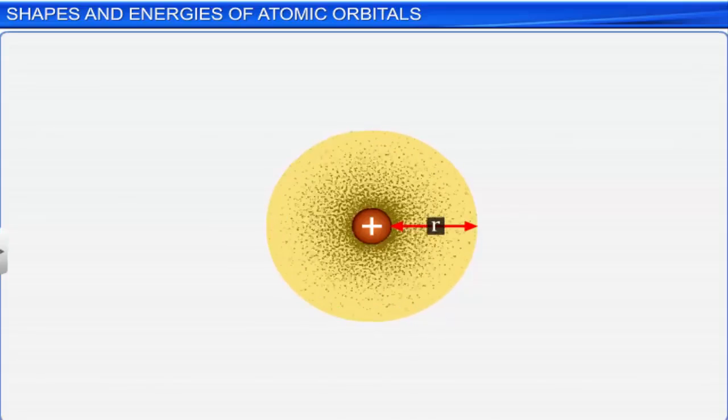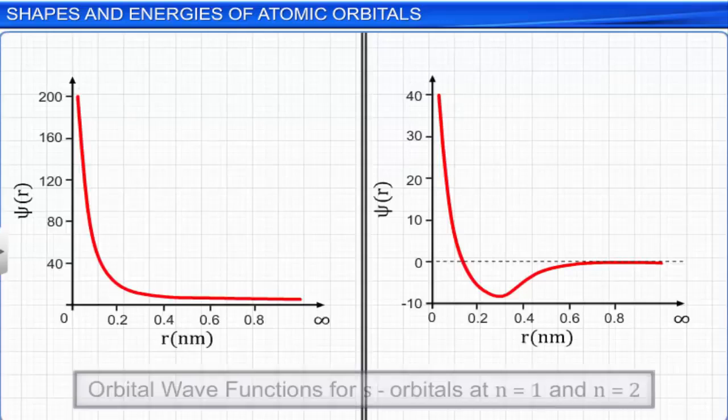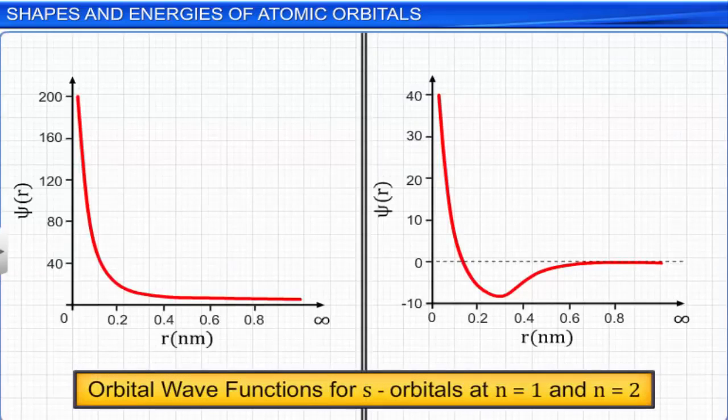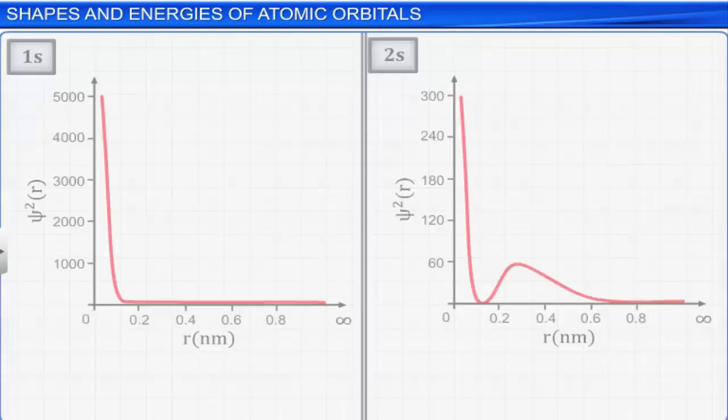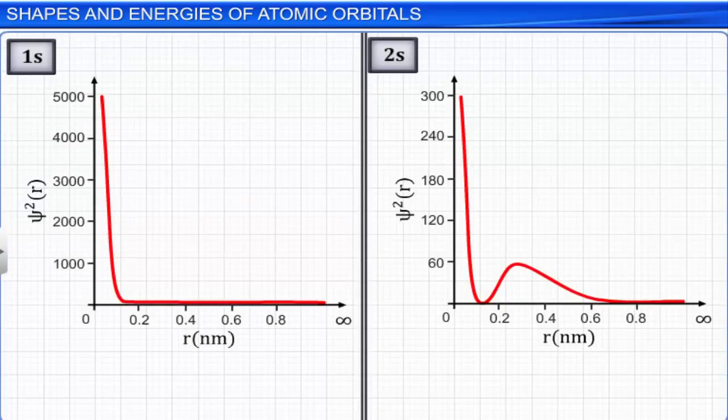Let us look at the plots corresponding to the orbital wave function psi as a function of the distance of an electron from the nucleus, that is, r, for the 1s and 2s orbitals. Similarly, look at the curves of probability density psi square as a function of radius for these orbitals. The following are the important conclusions that can be drawn from these plots.